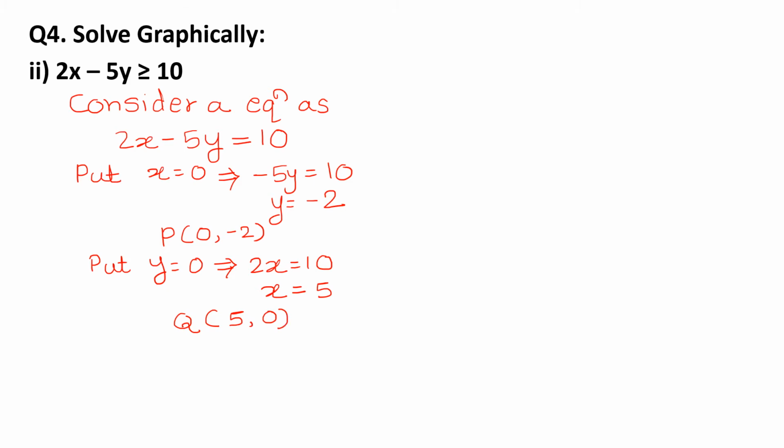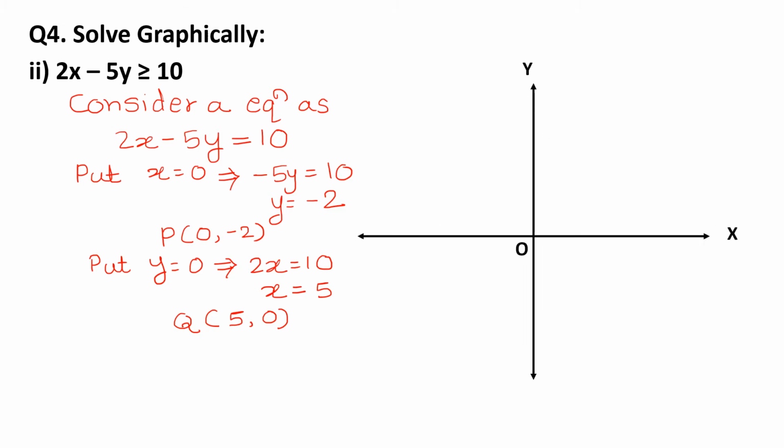So I got two coordinates, that is (0, minus 2) and (5, 0). Consider the XY plane. The point (0, minus 2) is nothing but on my negative y-axis. So let us say this is my point P.